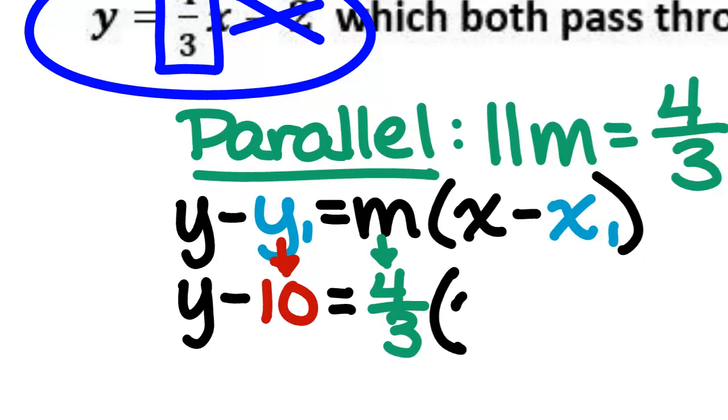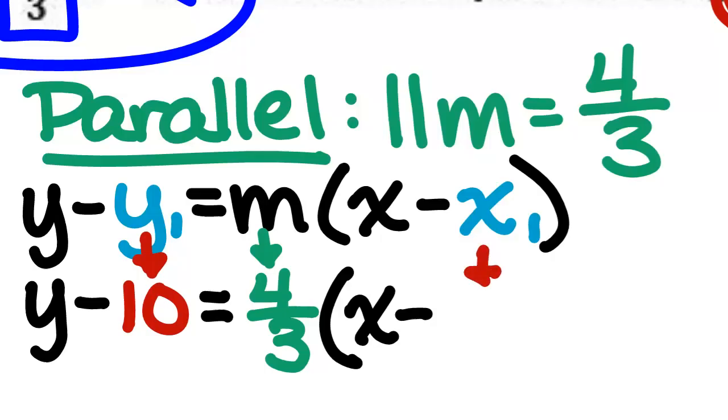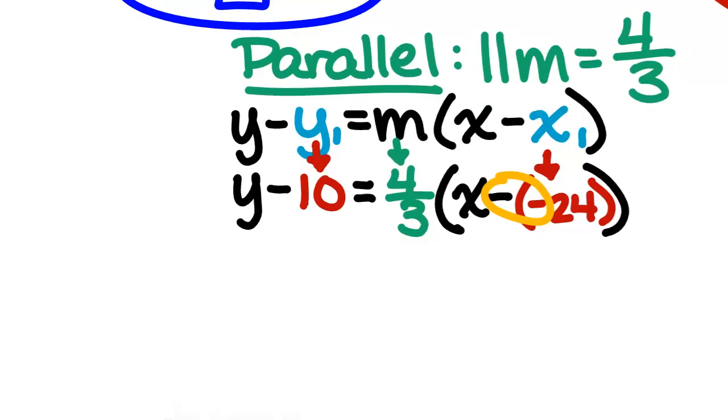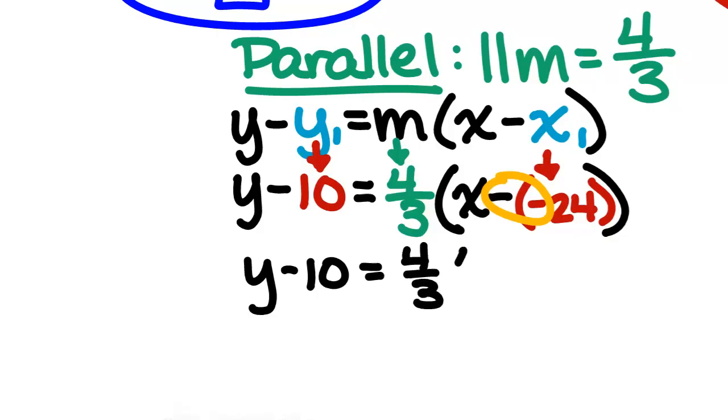And then parentheses X minus, what goes in for X1? -24. Be careful, he gets another set of parentheses because I've got a negative and a negative together. What happens where I have this negative and negative? Turns to a positive. So Y minus 10 equals 4/3, and then parentheses X plus 24.